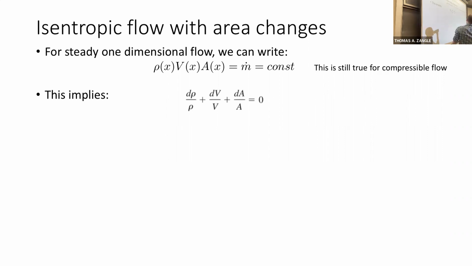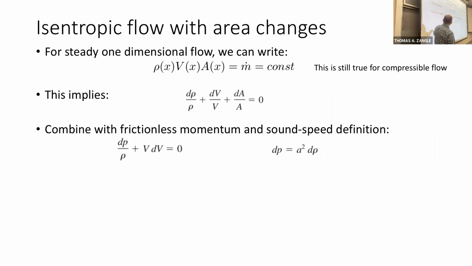So this expression implies this differential relationship between changes in density, changes in velocity, and changes in area. This is developed a little bit further in your text if you want to go further from that first line to that second line. But now we can combine this with the momentum balance, neglecting friction, and the definition of the speed of sound to relate essentially our density to pressure.